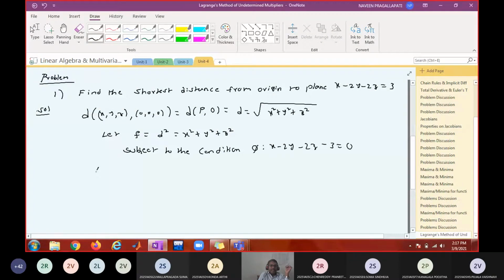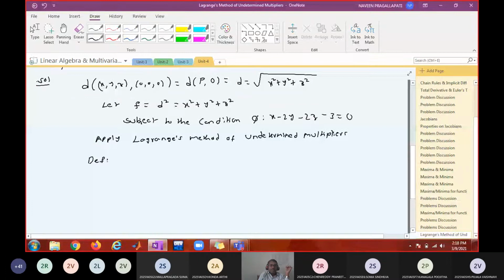Now apply Lagrange's method of undetermined multipliers. Write down: apply Lagrange's method of undetermined multipliers. So that means what?